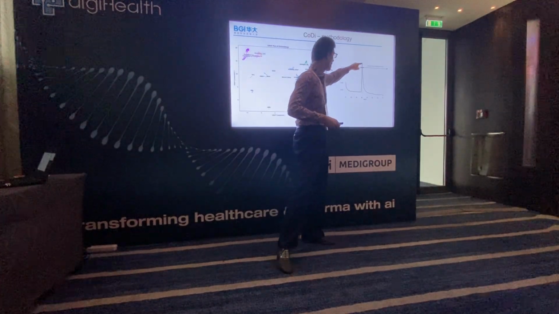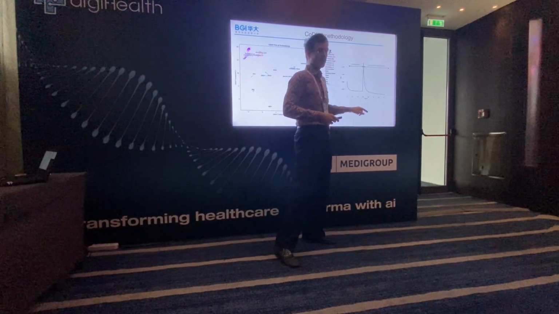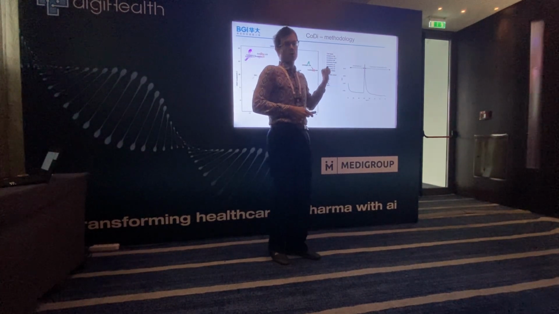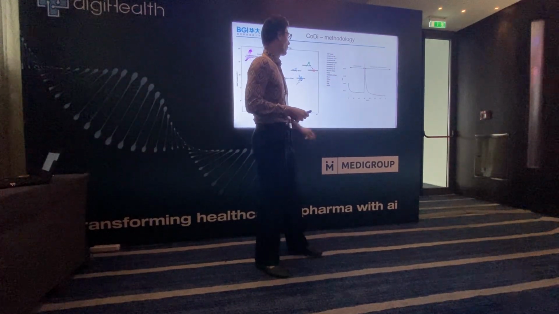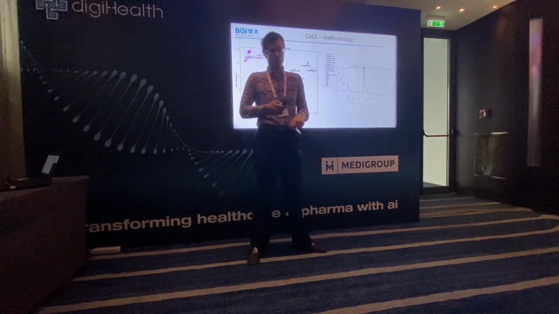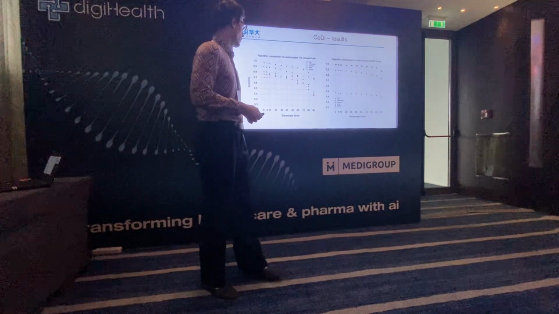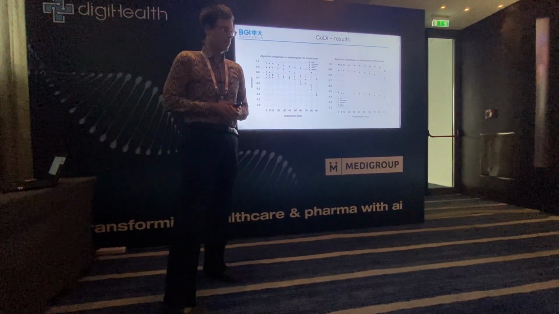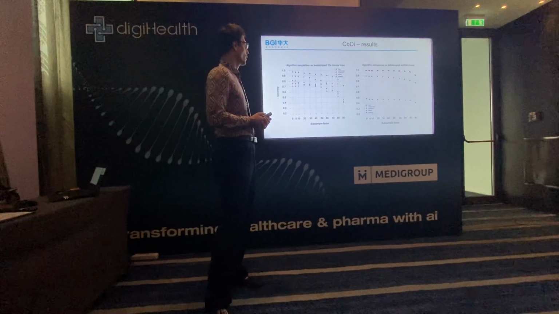So this jump here is the moment in the training process where we also introduced the loss from the classification. On the x-axis, you can see the training process. So this would be the methodology.